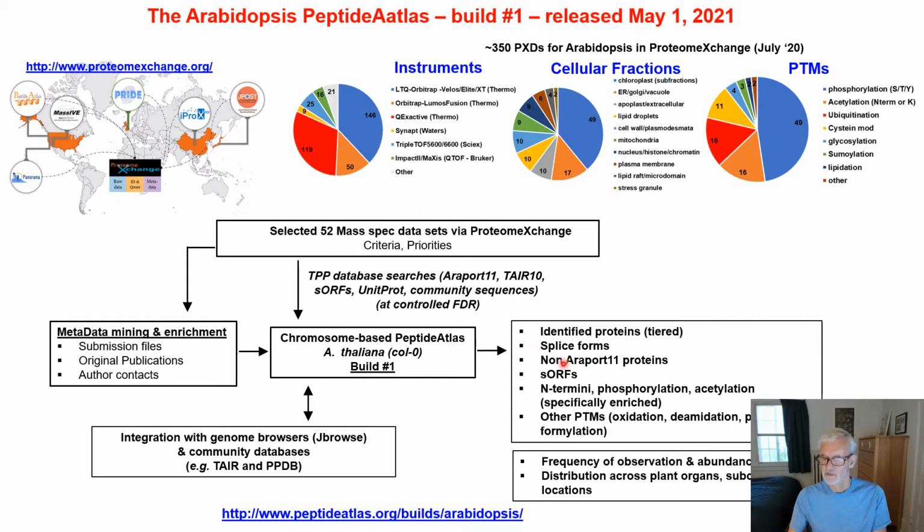You can look at splice forms, non-Araport 11 proteins that are identified, small open reading frames, but also N-terminal and phosphorylation, acetylation, as well as other PTMs. And collectively, you can see how often a protein was identified, and how these observations were distributed across organs and subcellular localizations. The PeptideAtlas is now integrated with STAIR and PPDB and also JBrowse.